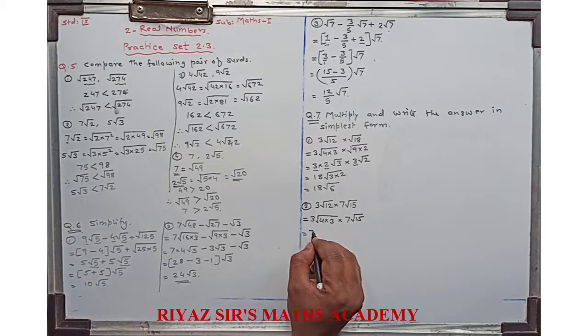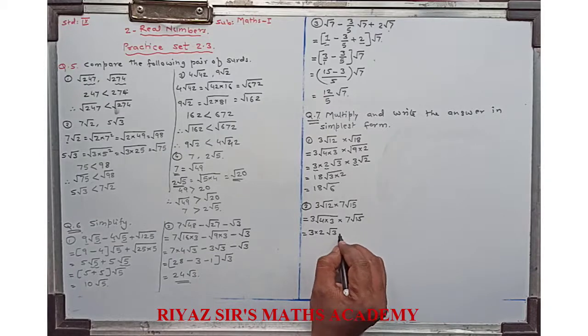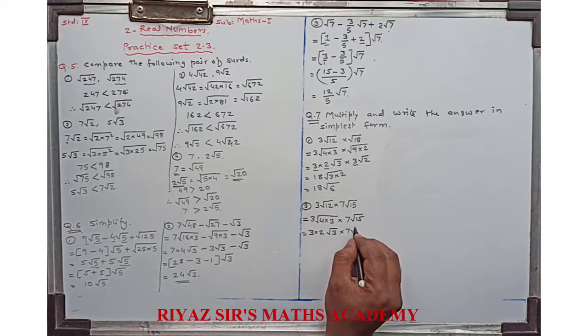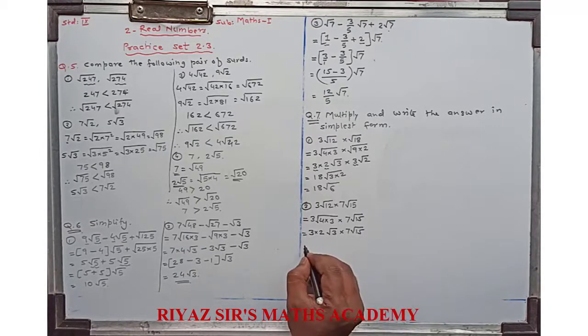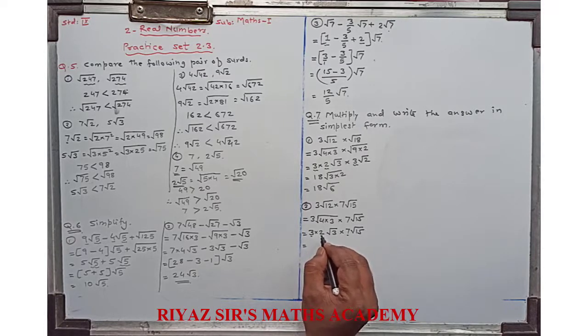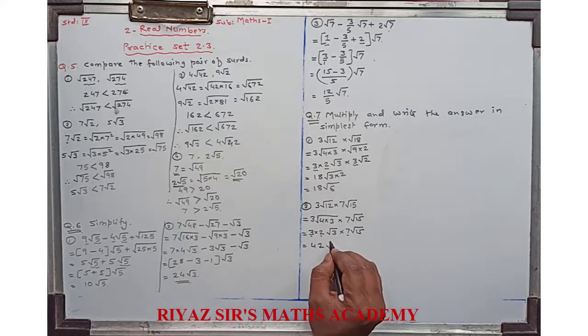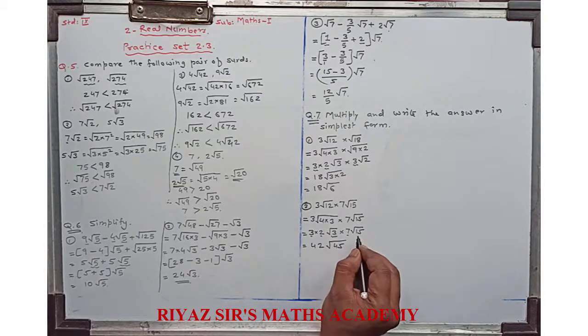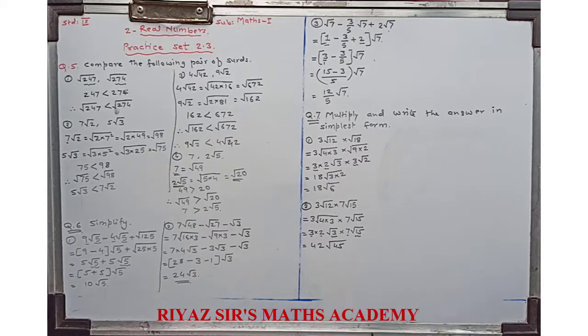That is equal to 3, now square root of 4, that is 2 root 3 into 7 root 15. Now take multiplication of the numbers which are outside. So 3 2s are 6, 6 7s are 42, into square root of 3 into 15, 15 3s are 45.